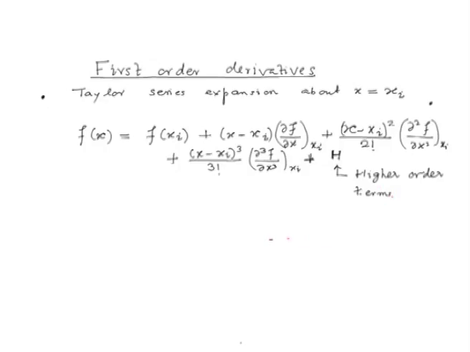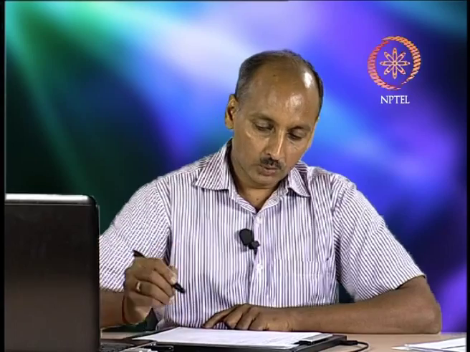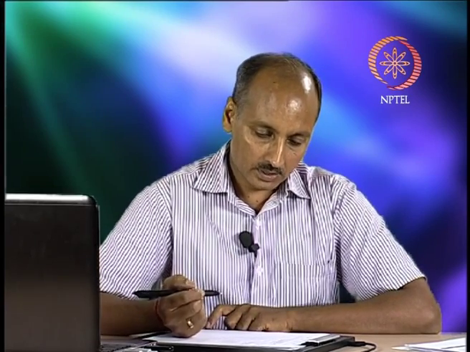Okay, now let us draw our one dimensional grid. We are at point xi. We have one node to the right of xi, which we will call xi plus 1, with index i plus 1, and then the grid point to the left of xi, that is xi minus 1, with index i minus 1. Now, we can write the function values at the two neighboring points in terms of the Taylor series expansion.